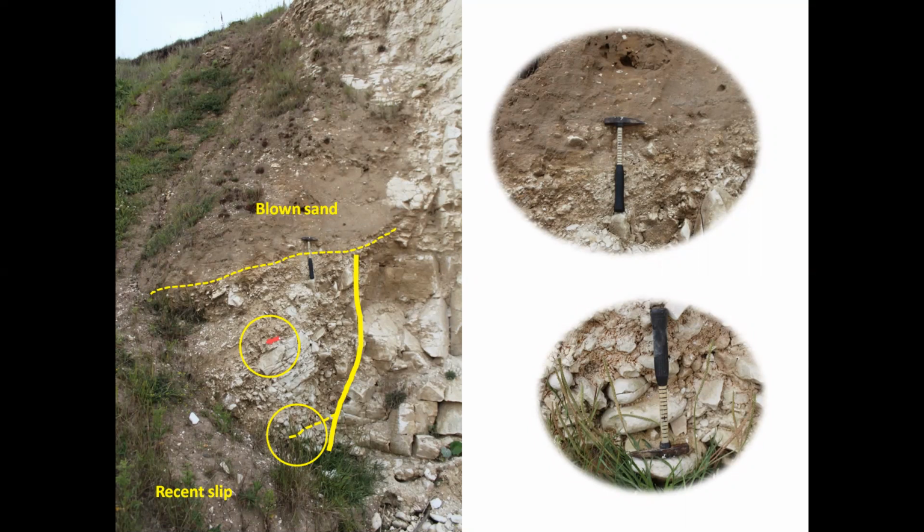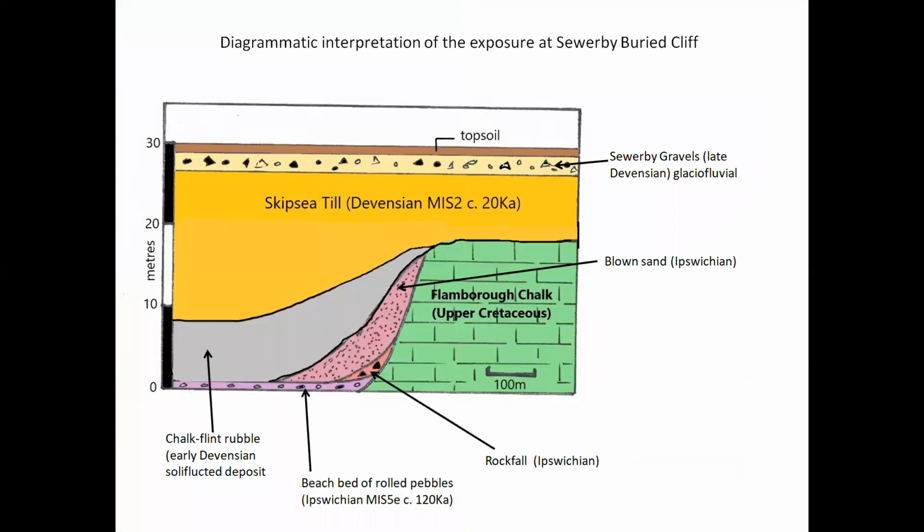This very important section can be interpreted as part of an eroding 120,000-year-old coastline with a pebble beach and regular rock falls, features similar to those found on Flamborough Head today. It was later masked by sand blown from the south, perhaps during an arid period.